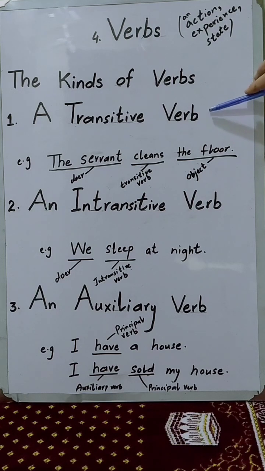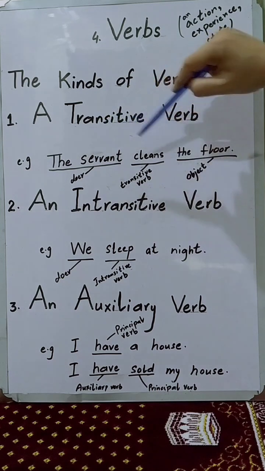A transitive verb denotes an action that passes from the doer to something else. That means from a subject to an object. Here is an example. The servant cleans the floor.